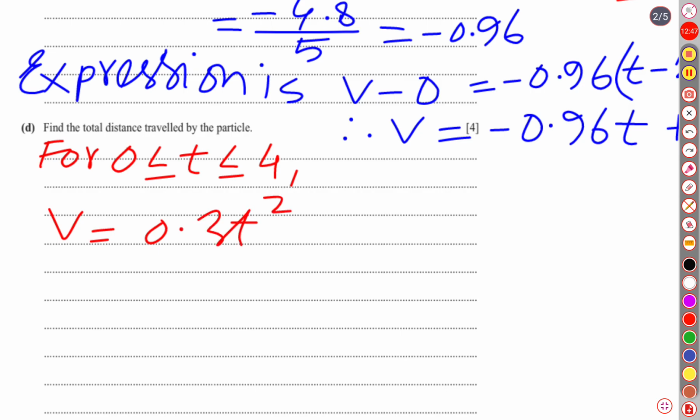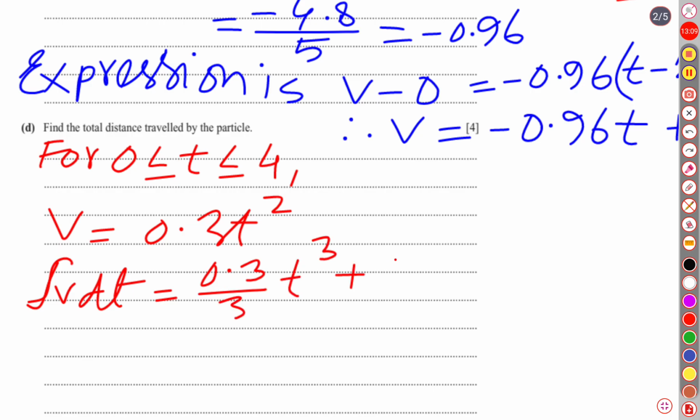If we integrate v dt, it is going to be 0.3 t cubed over 3, plus a constant c. Actually the constant will be 0 because the particle started from rest. When t was 0, displacement was also 0.